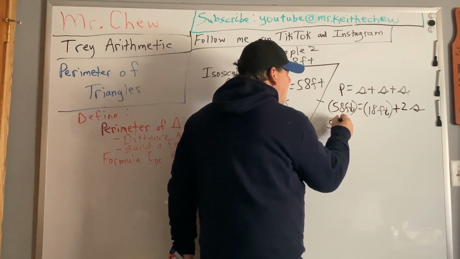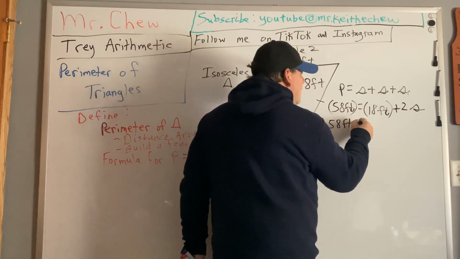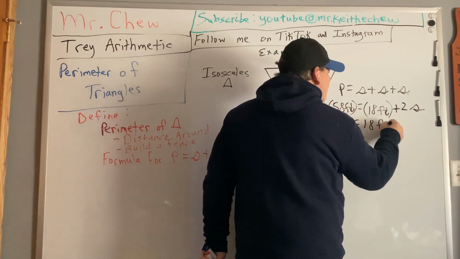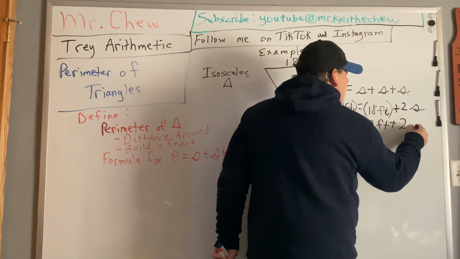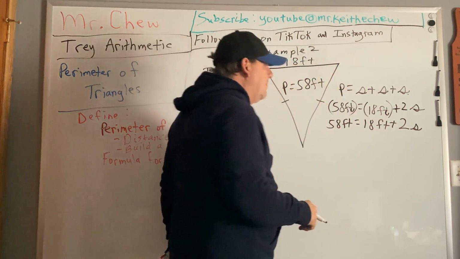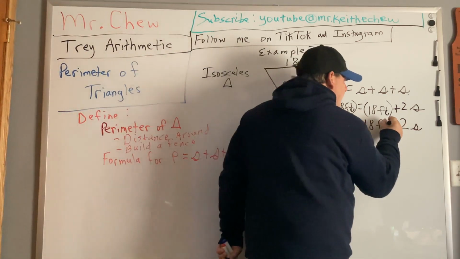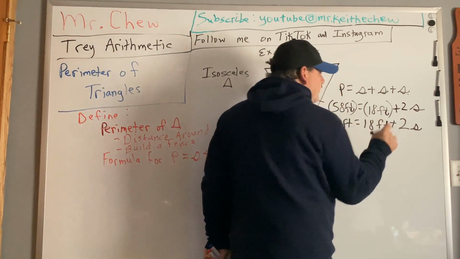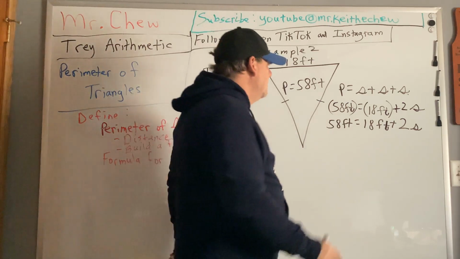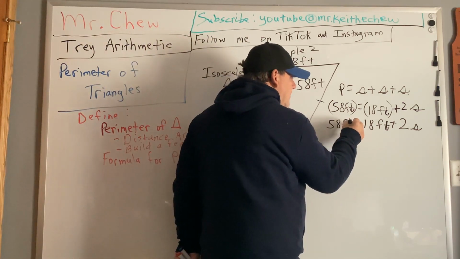So I have 58 feet equals 18 feet plus 2s. There's my variable. I'm going to solve for it. And I need to always make my t's with the little curls so they don't look like the plus sign. Just need to get in the habit of always doing that.